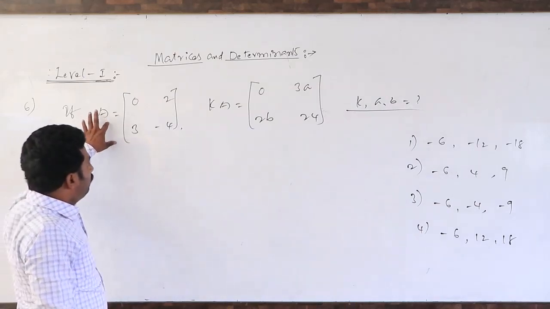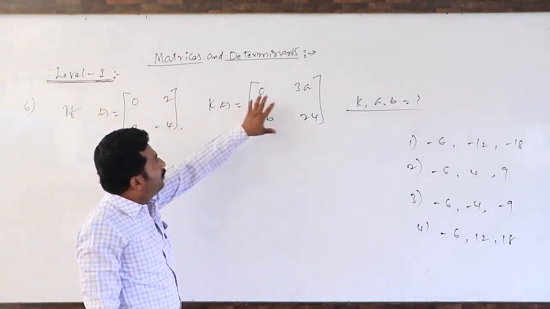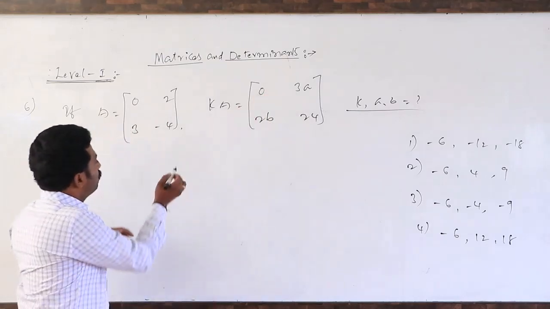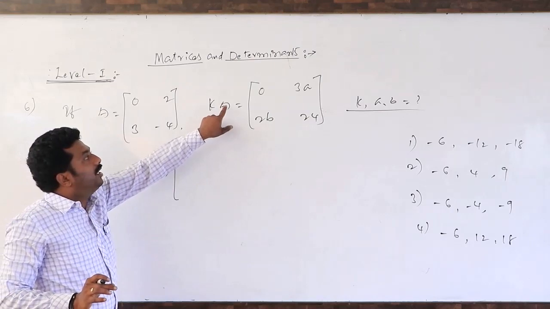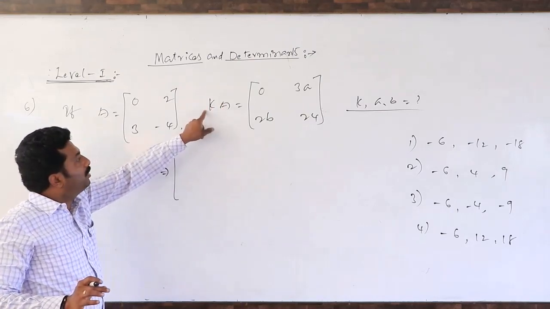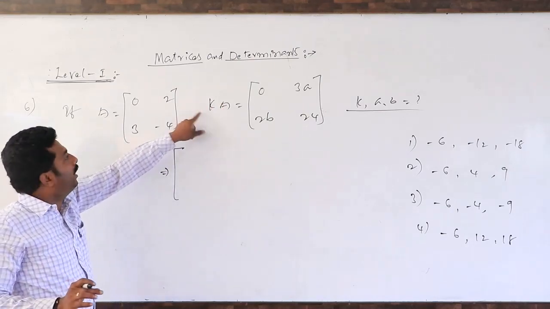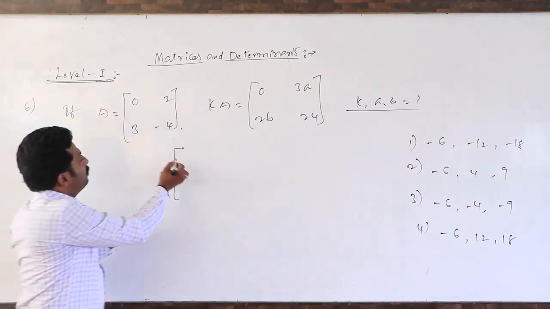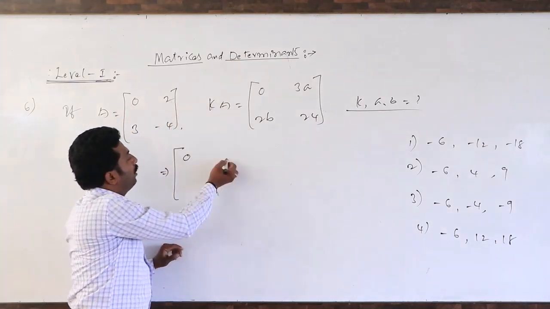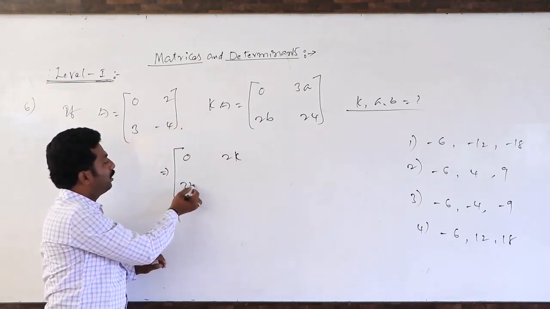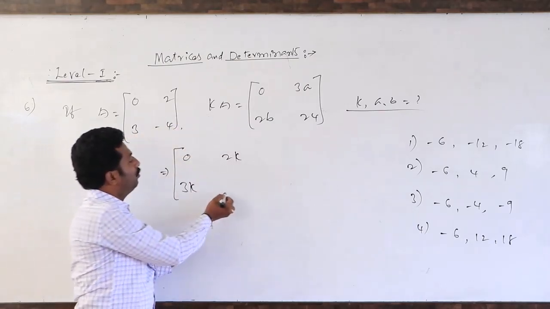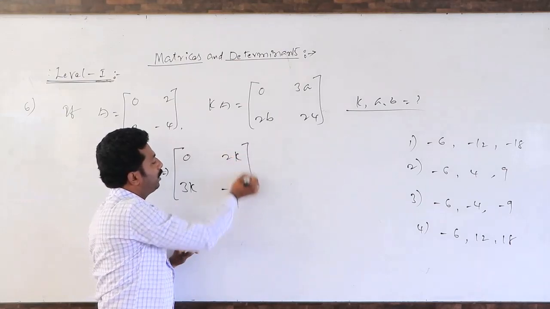So very clear, they have given the kA matrix. From this, kA means all the elements of A multiplying with this scalar K. So this is 0, 2 into K, 2K, 3 into K, 3K, minus 4 into K, minus 4K.